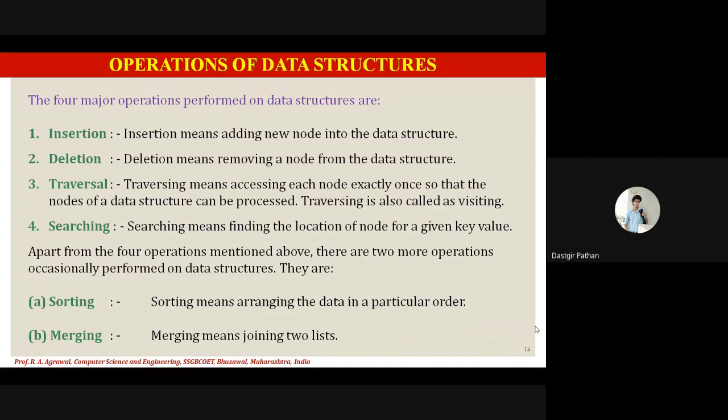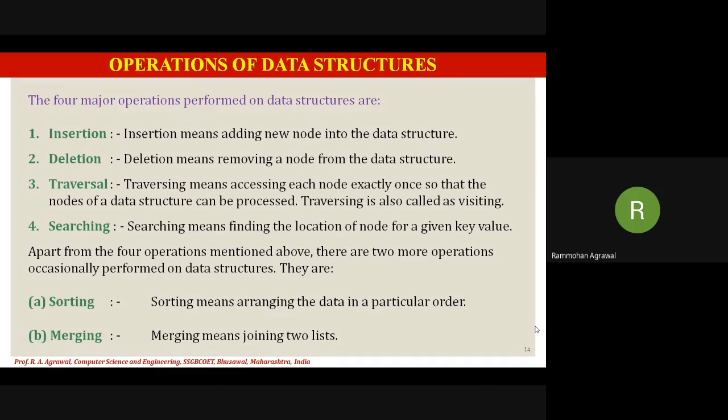So the first basic and primary operation to be performed on any data structure is the creation operation. It may be creation of an array, a linked list, a single linked list, a double linked list, anything. Whatever it is, first remember that the basic operation is creation.